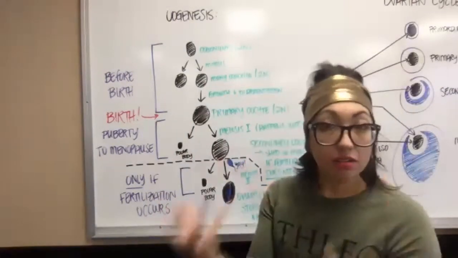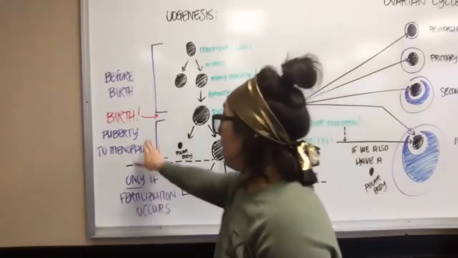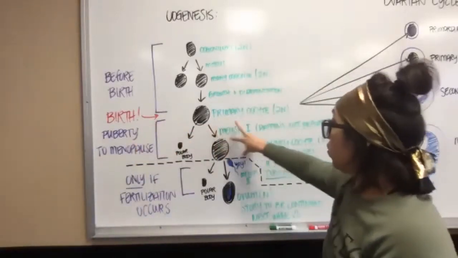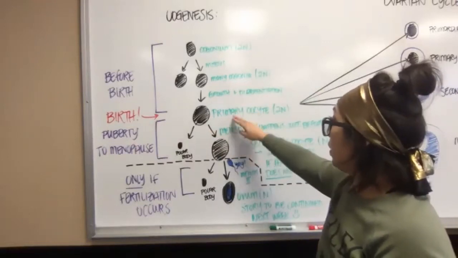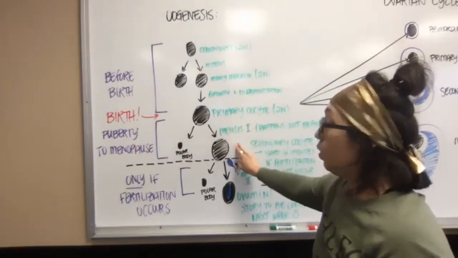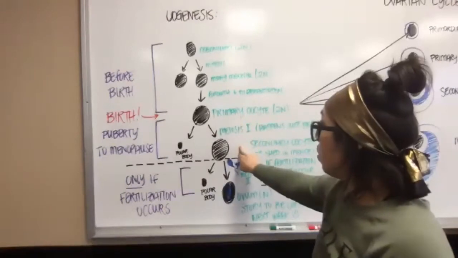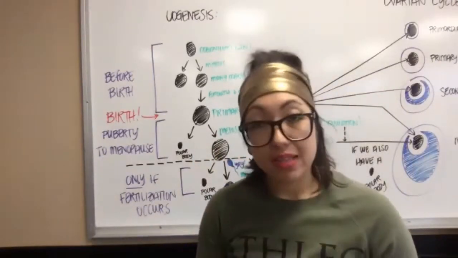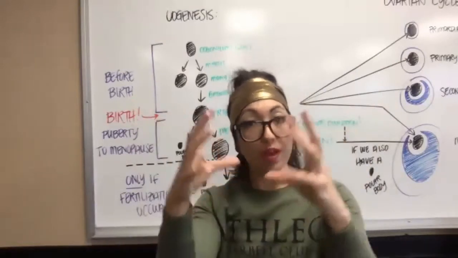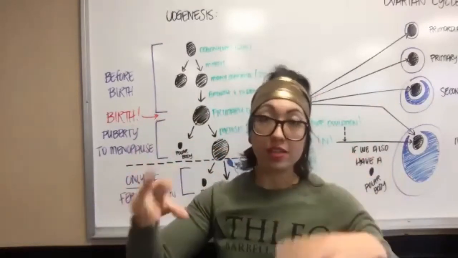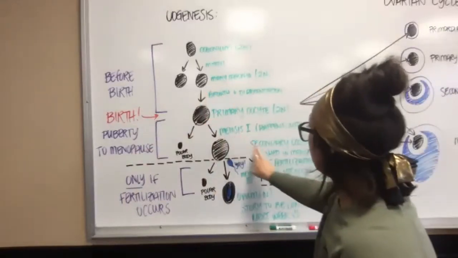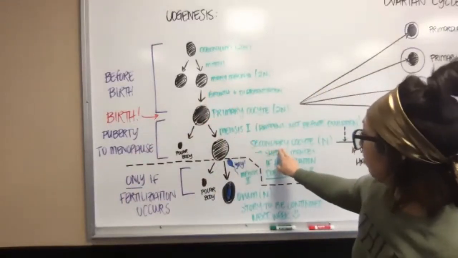Until she hits menopause, her ovaries will go through this cycle. A primary oocyte, one of them will go through meiosis 1. Remember, meiosis is PMAT times 2, meaning we go through prophase, metaphase, anaphase, telophase twice. Meiosis 1 is going to produce a secondary oocyte.